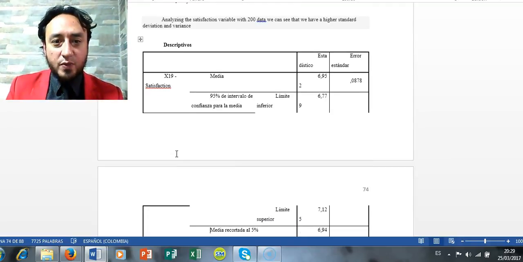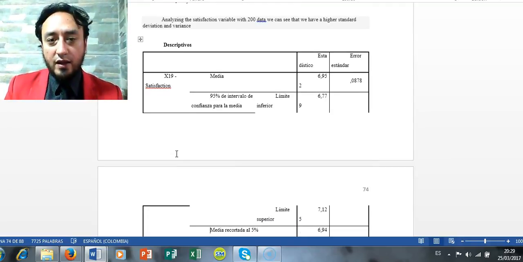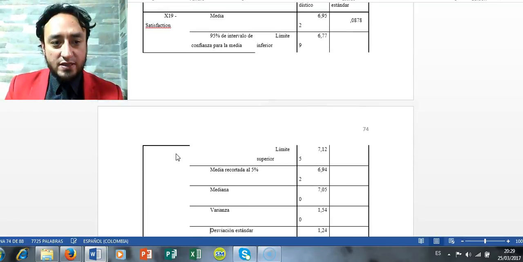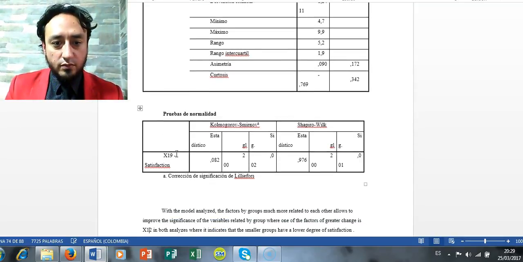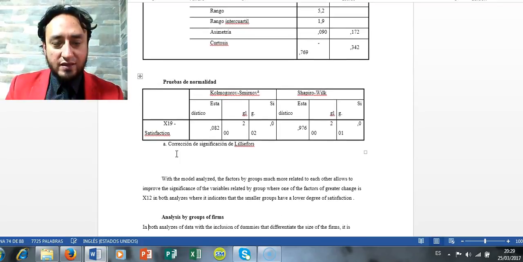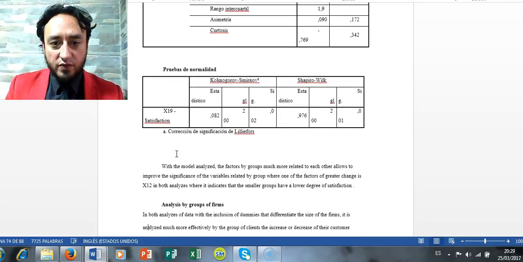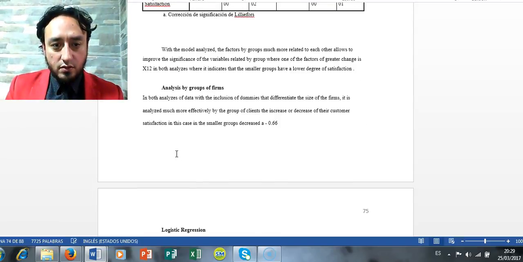Analyzing the satisfaction variable with 200 data, we can see that we have a higher standard deviation and variance. Normality test, Kolmogorov-Smirnov and Shapiro-Wilk with its significance levels.